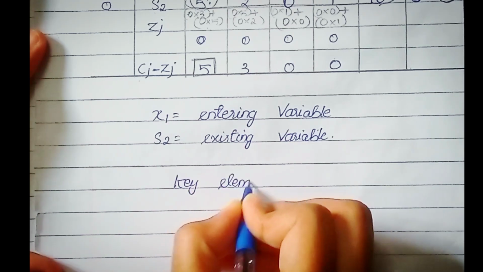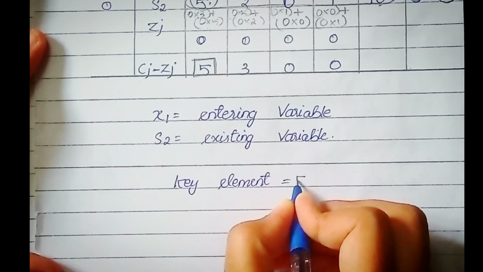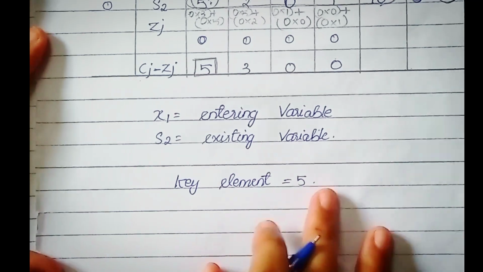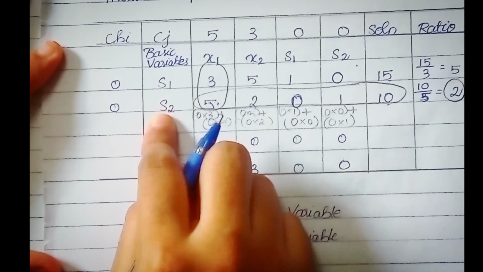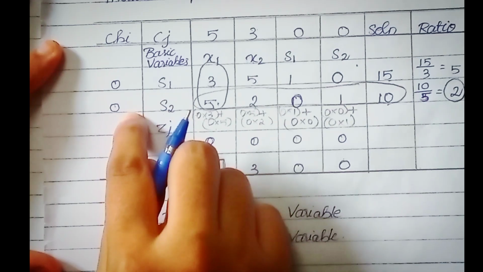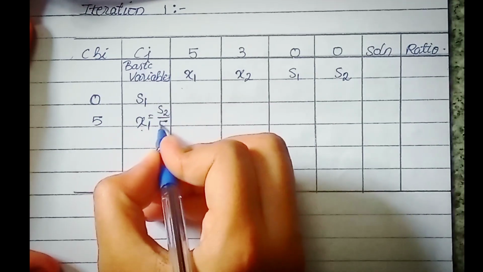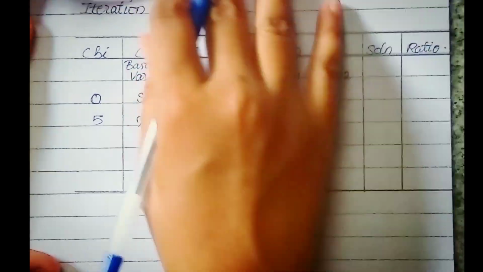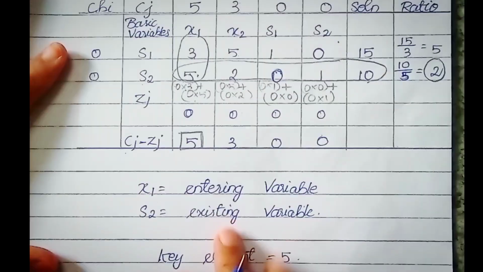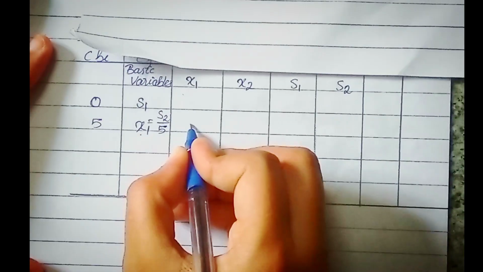Key element is equal to 5. So the formula for the new X1 row is old S2 divided by 5. Old S2 is 5, and 5 divided by 5, the answer will be 1.